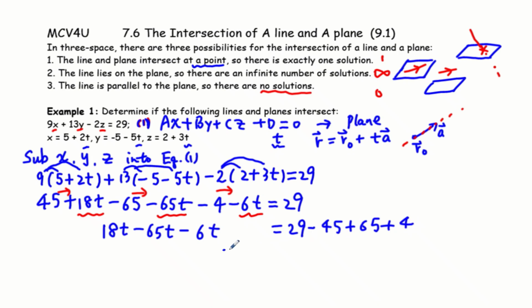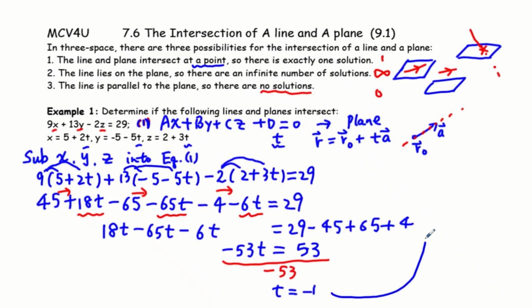Then we have negative 53t equals positive 53. So we want to isolate t. We move the negative 53 to the other side by doing the opposite operation. We have t equals negative 1.